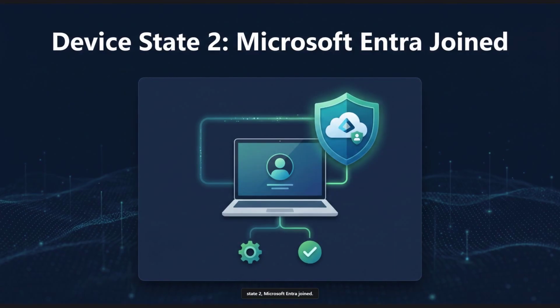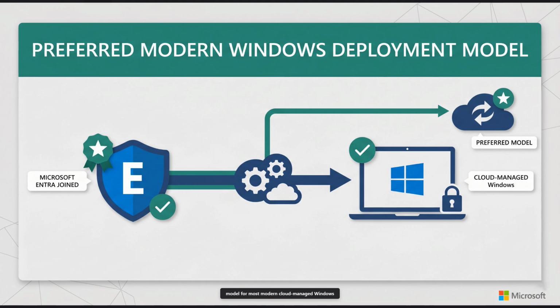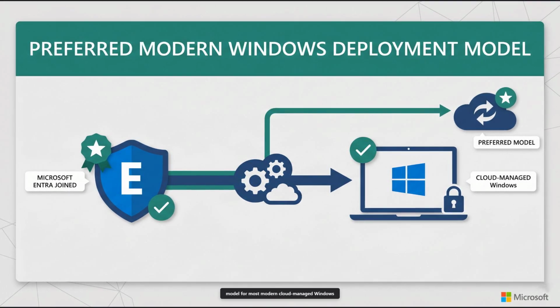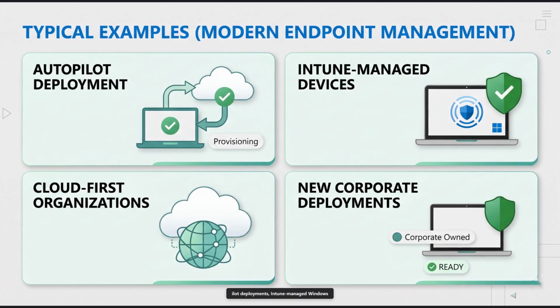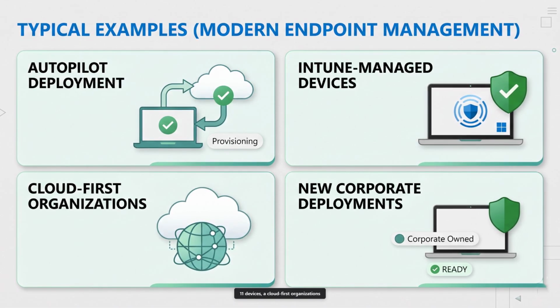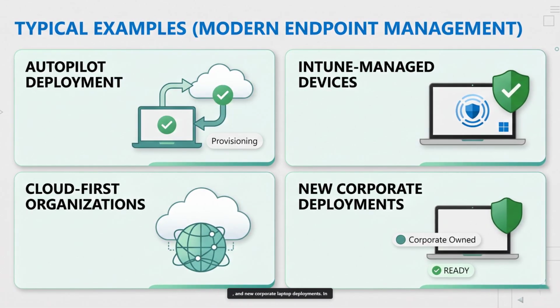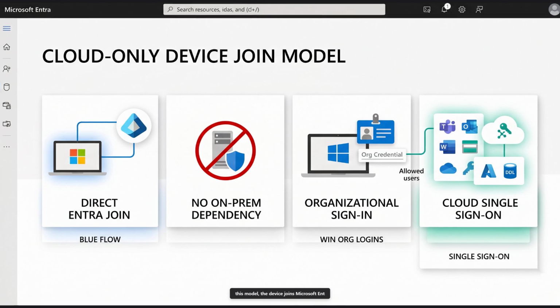Device State 2, Microsoft Entra Joined. Microsoft Entra Joined is Microsoft's preferred model for most modern cloud-managed Windows deployments. Typical examples include Windows Autopilot deployments, Intune-managed Windows 11 devices, cloud-first organizations, and new corporate laptop deployments. In this model, the device joins Microsoft Entra directly.